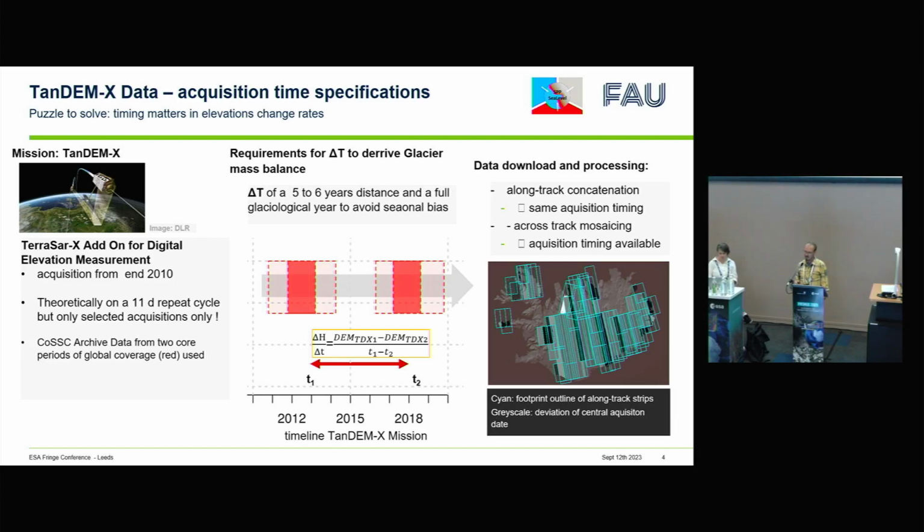There you have in cyan the along-track concatenated footprints, which of course have the same acquisition date because it's one continuous acquisition. But across track, you see in this grayscale that when you merge these DEMs to a mosaic, it's not completely possible for it all to be from the same acquisition date. This is just qualitatively showing that this might differ, and you will see what that implies.